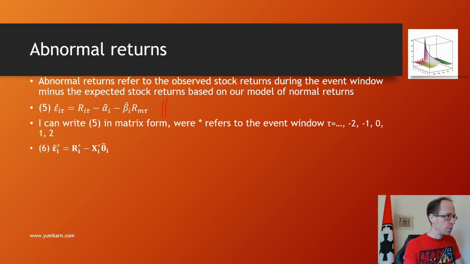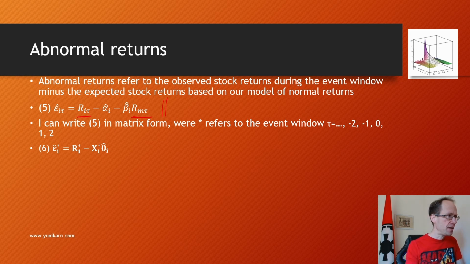I look at my observed stock return in the event period denoted tau. I then deduct my expected return. So that's the deviation from the expected return based on the market model. Note that the parameters were estimated during my estimation window. So that's during a different time period. And I use the current market return in the event window. So I use the notation Rm tau to refer to the event window.